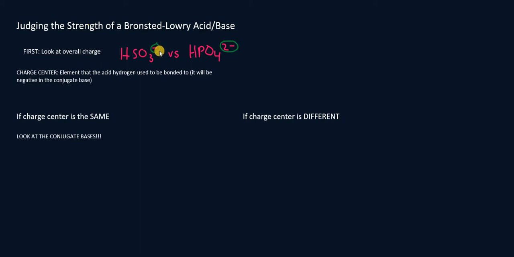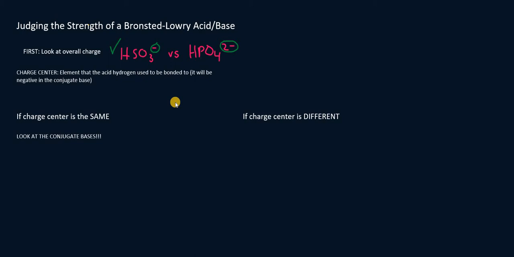So the general rule is the more positive the charge is on your acid, the stronger that acid is. So you'll see that HSO3- is more positive than this. It's just -1 versus -2. Because this one right here is more positive, we will say that it is the stronger acid.